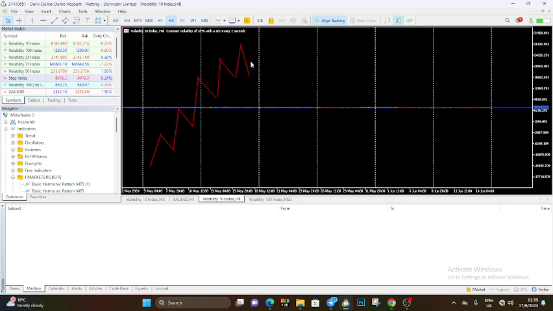Now the first continuation that you need to know is what we call a bearish flag or a bullish flag. What's a bearish flag? What does a flag look like? Let me just draw a flag. The flag looks like this, guys. This is how a flag looks.